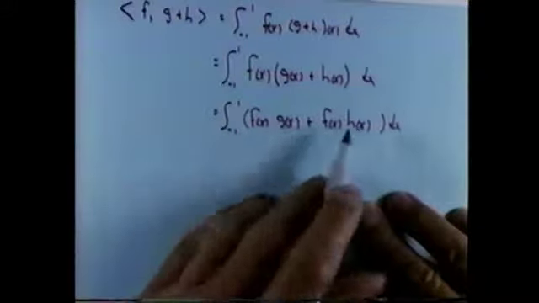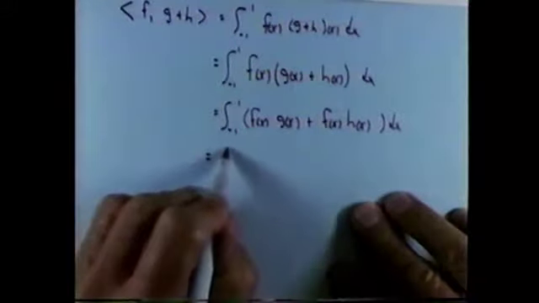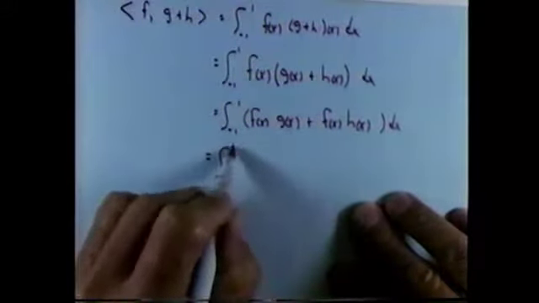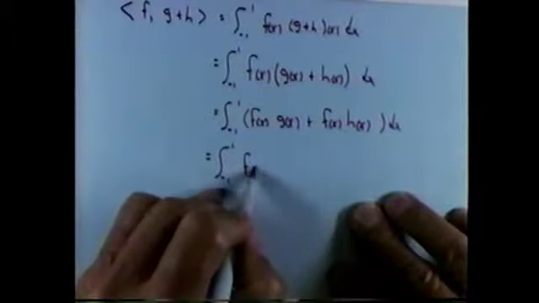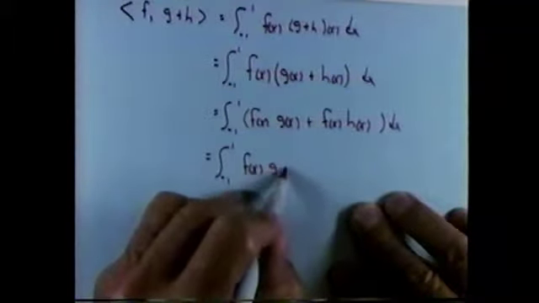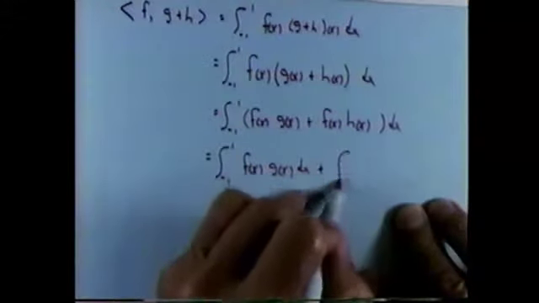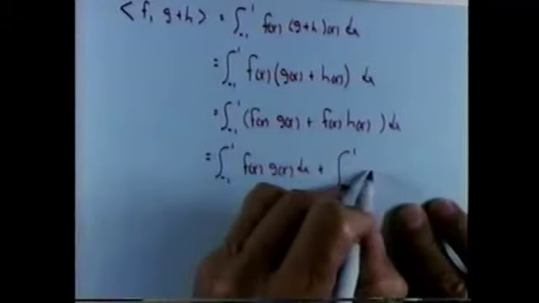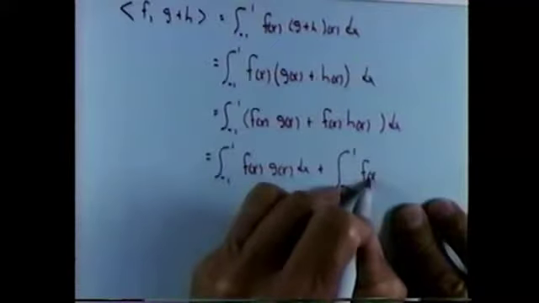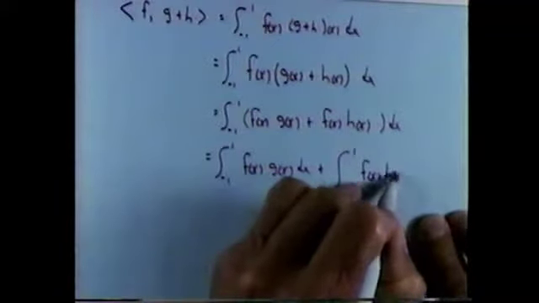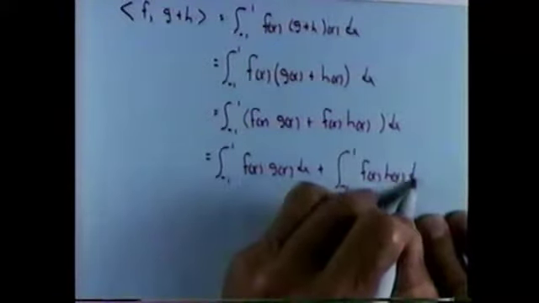Well, since the integral of a sum is the sum of the integrals, I can write this as the integral from -1 to 1 of f(x) g(x) dx plus the integral from -1 to 1 of f(x) h(x) dx.